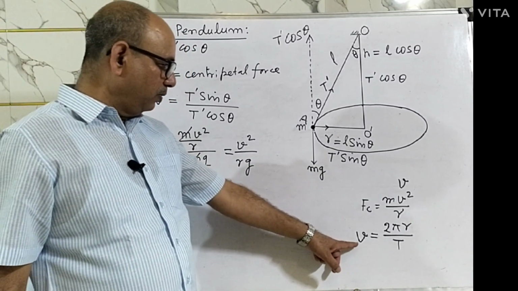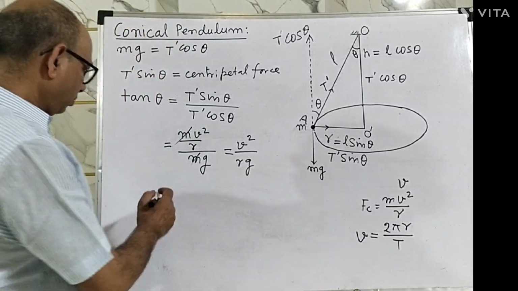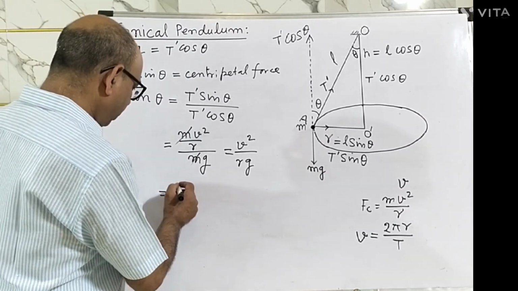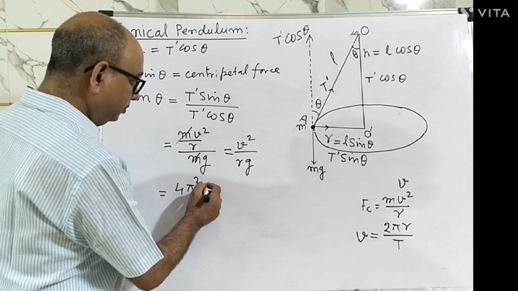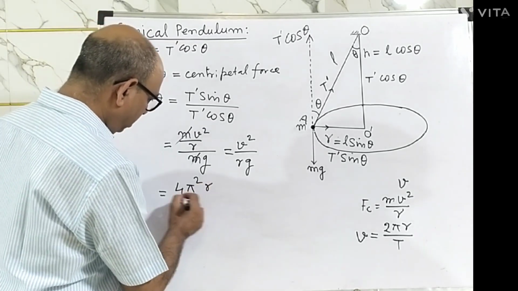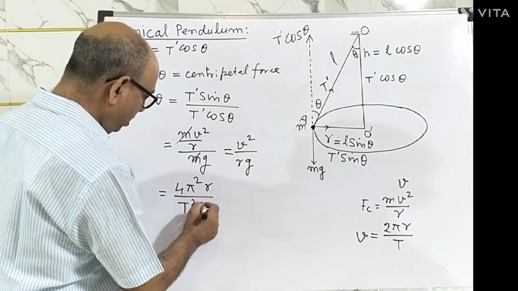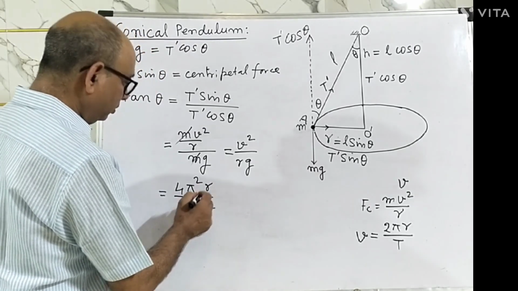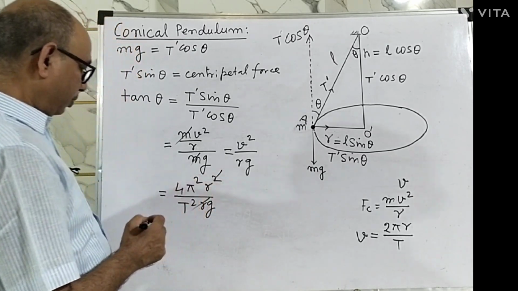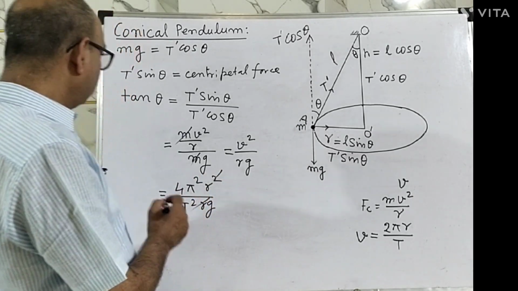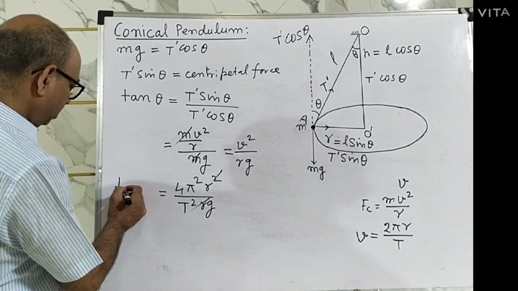Now we'll put the value of v from here. This is equal to v square means 4 pi square r divided by T square, r into g. This r square, this r will cancel out. This is equal to tan theta.